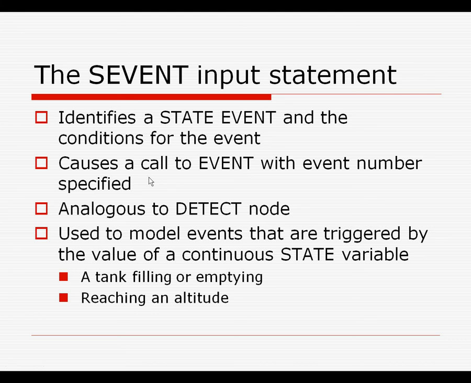So we can use this S-event to detect when a tank is full or empty, so we would initiate a change in the state of a valve. When we've reached an altitude, if we're simulating an aircraft, we would stop applying power to the engine and level off.